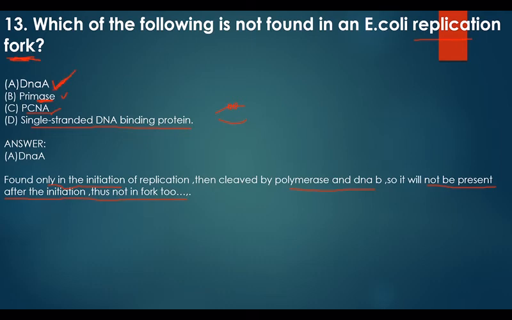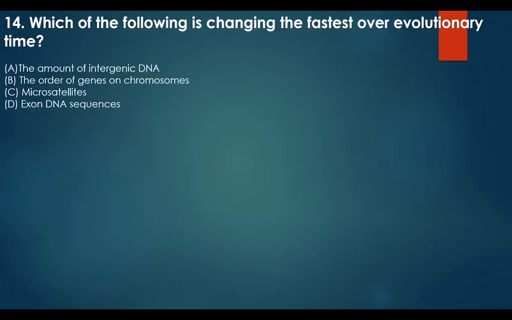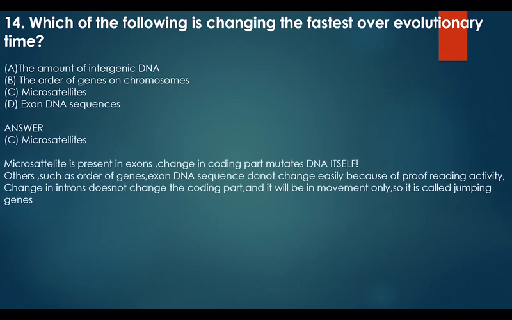Next is, which of the following is changing the fastest over the evolutionary time? The answer is microsatellite. It is present in exons, the coding part of the gene, and change in the coding part mutates the DNA itself. Others, such as the order of genes on the chromosome and DNA sequence, don't change so easily because of proofreading activity.